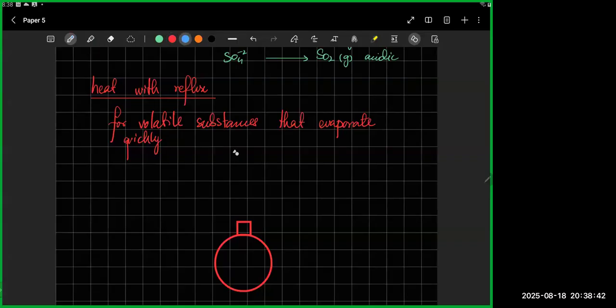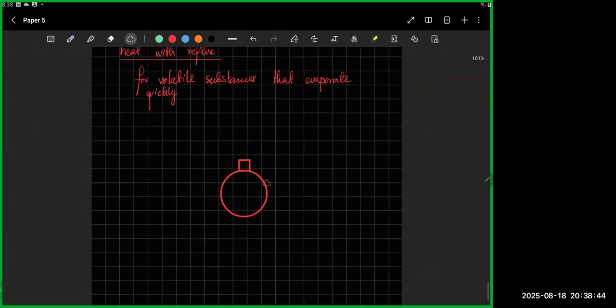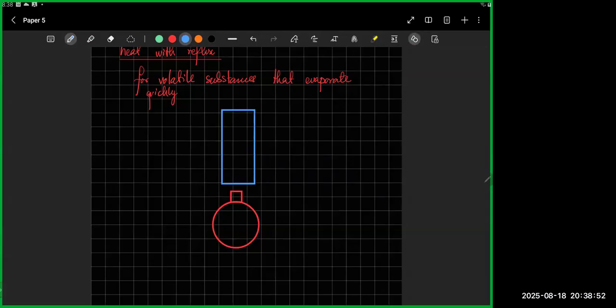So in that case you'll have an apparatus, and there's water in and water out.